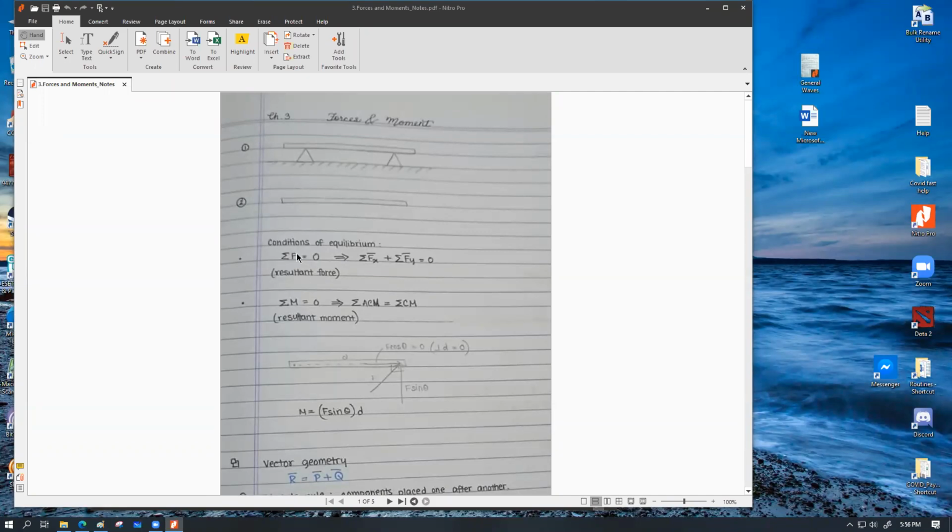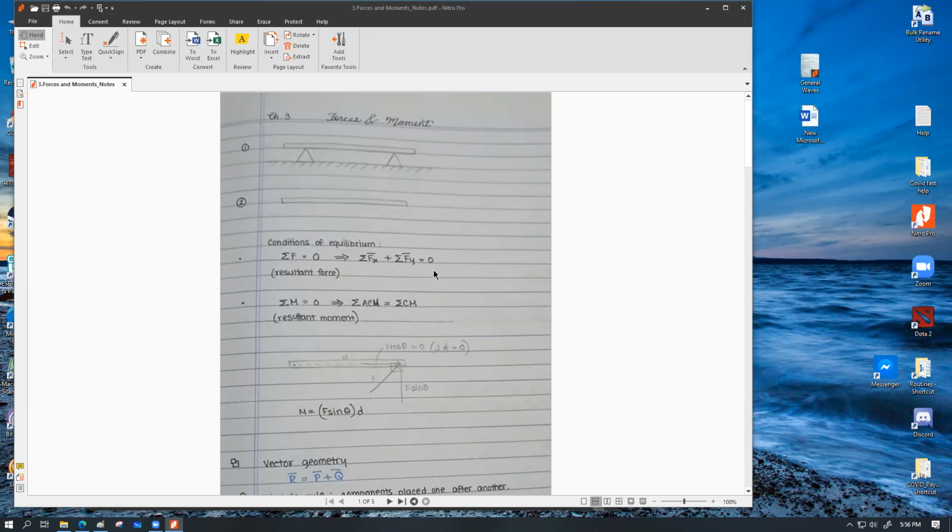This much is good enough, or you can write resultant force is 0, or you can further elaborate this if you feel that the resultant of the horizontal forces is also 0, and the resultant of the vertical forces is also 0.